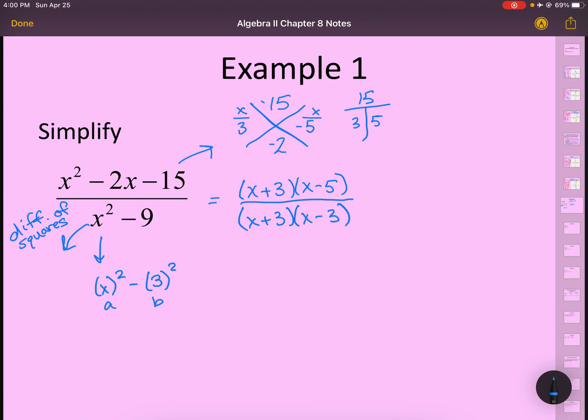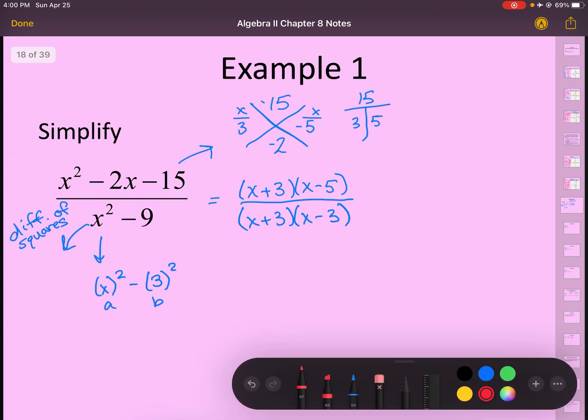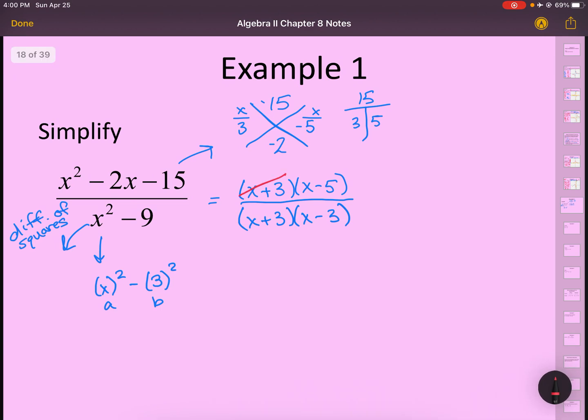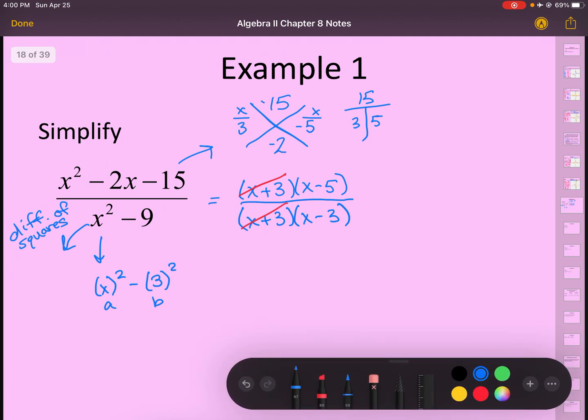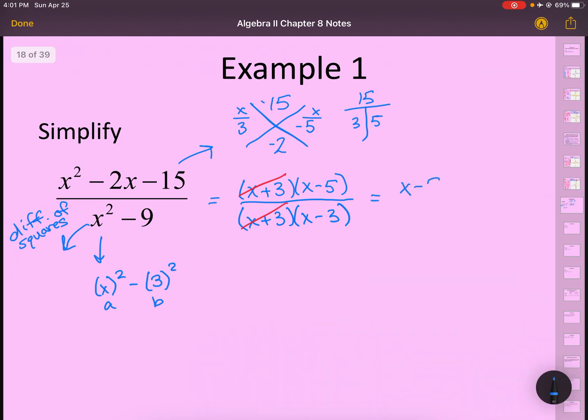Now if we check after we build our factors, I have an x plus 3 in the numerator and denominator, so they can both cancel out. So we're going to be left with x minus 5 over x minus 3, and they can't cancel out or do anything else, so here's my simplified form of that rational expression.